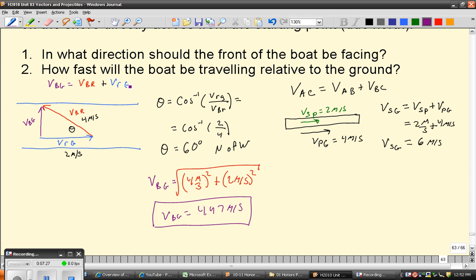Styles of question I like to ask are boats relative to rivers, and also I like to ask airplanes relative to streams of air. You could come up with a more complicated one with a people mover that was bigger and had 2 dimensions, but again, the concept is the same. So when you have an intermediate object, the velocity of the first object relative to the third object is equal to the velocity of the first to the second plus the velocity of the second to the third. I hope this helps.